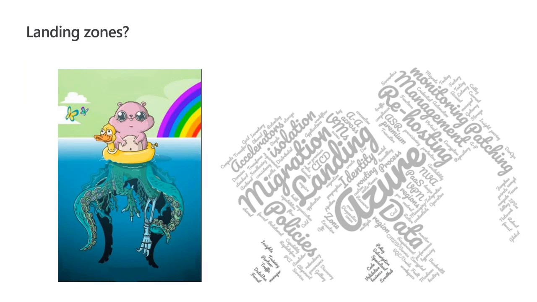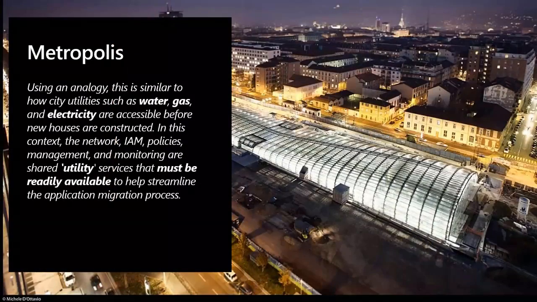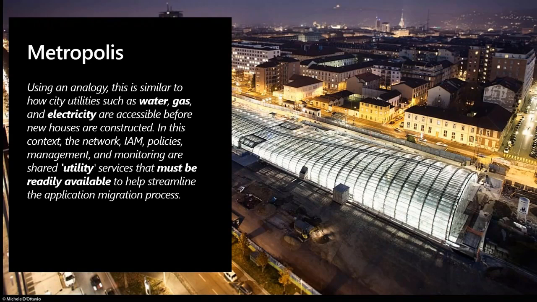So to do a breakdown and baseline the taxonomy a bit on the landing zone, we often use this analogy, and this seems to resonate very well. So you can almost think of a landing zone as a city, right? For you to come into a city, you want to establish an apartment, you want to build a house. There's certain things that need to be there before you actually can get started, such as water, electricity, gas, and so on and so forth.